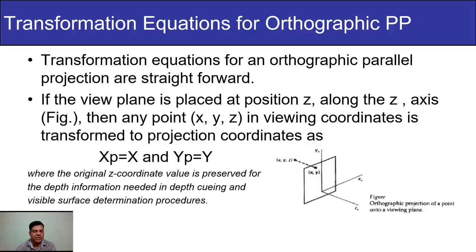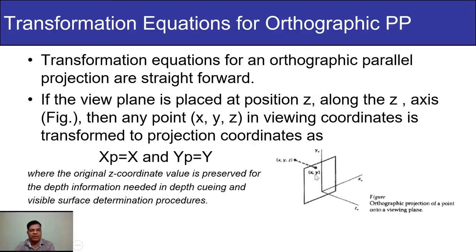There is a loss of one coordinate axis, the z-axis, but the original z coordinate value is preserved for depth information needed in depth queuing and visible surface determination procedures.